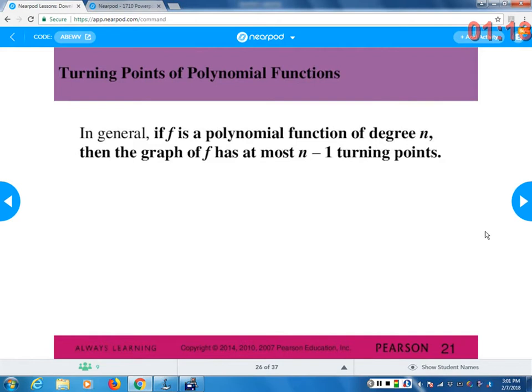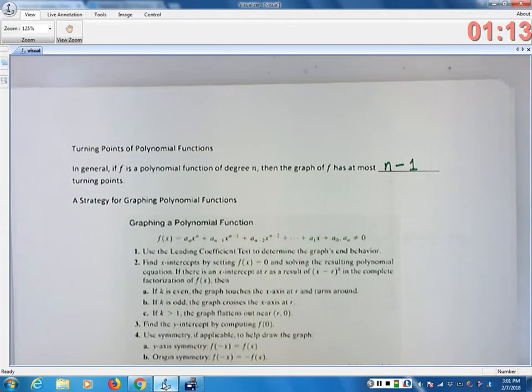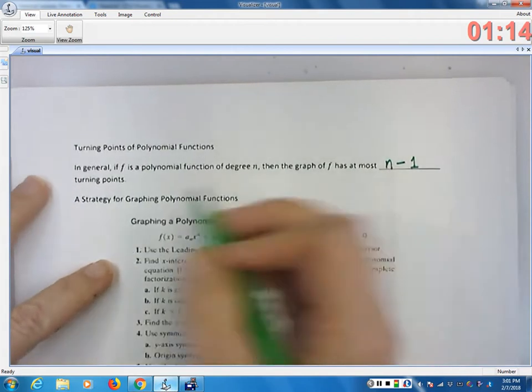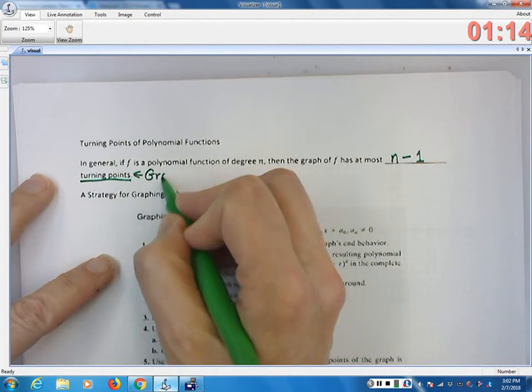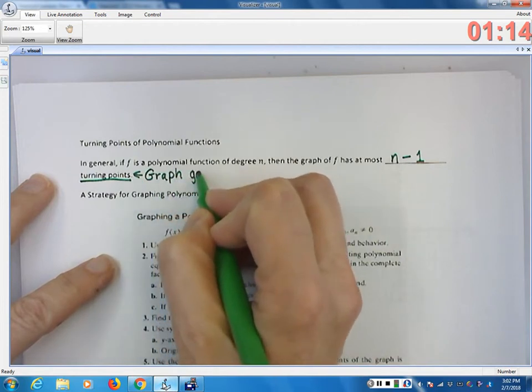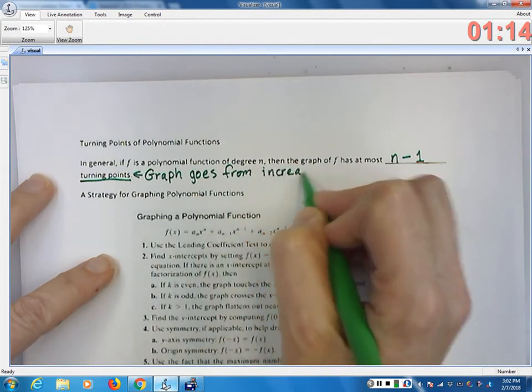Okay, so now we're going to talk about turning points. On the next page of your notes: if f is a polynomial function of degree n, then the graph of f has at most n minus 1 turning points. But again, it doesn't say what turning points are. Turning points are where the graph goes from increasing to decreasing and vice versa.